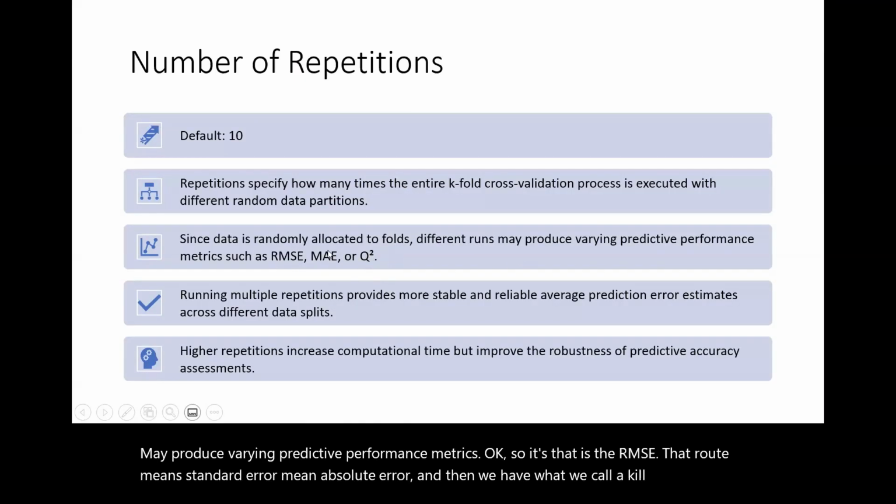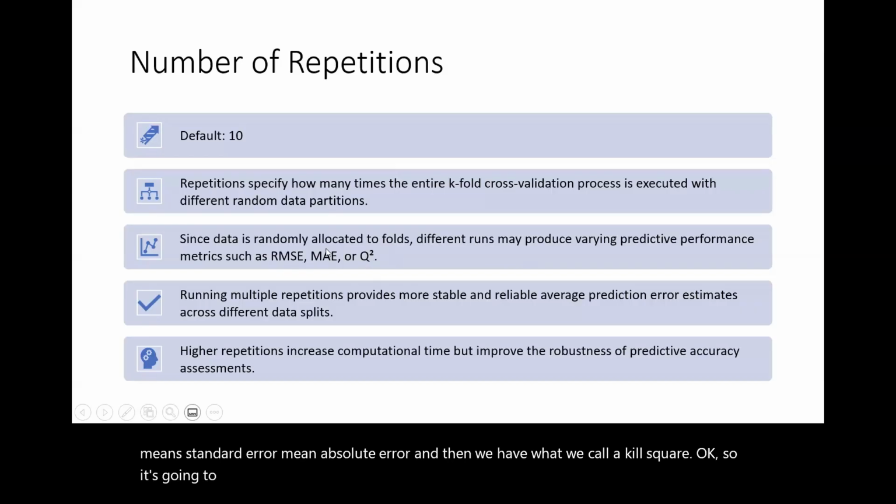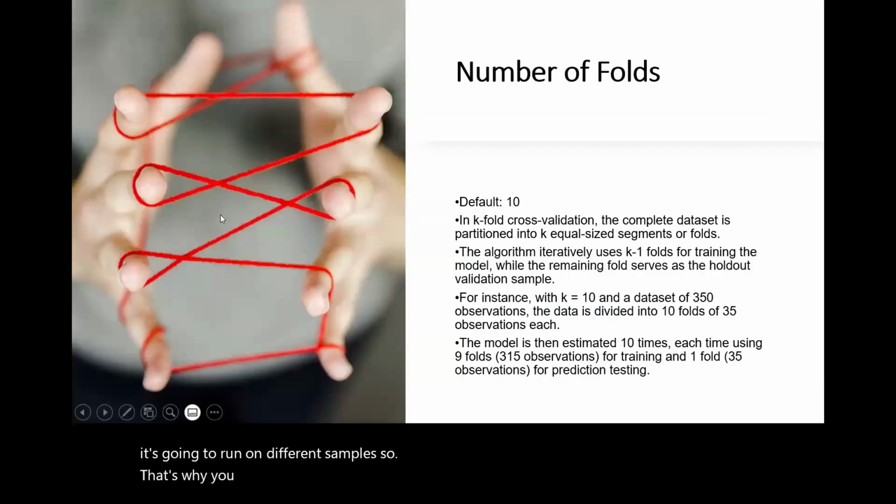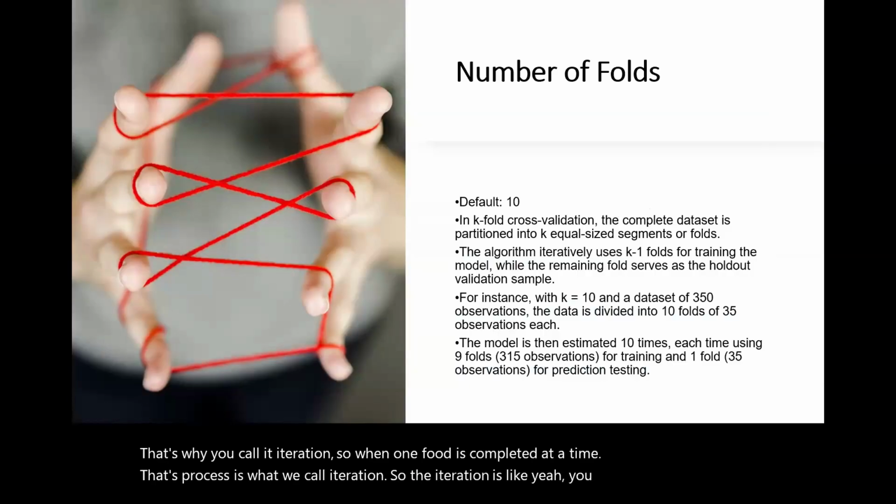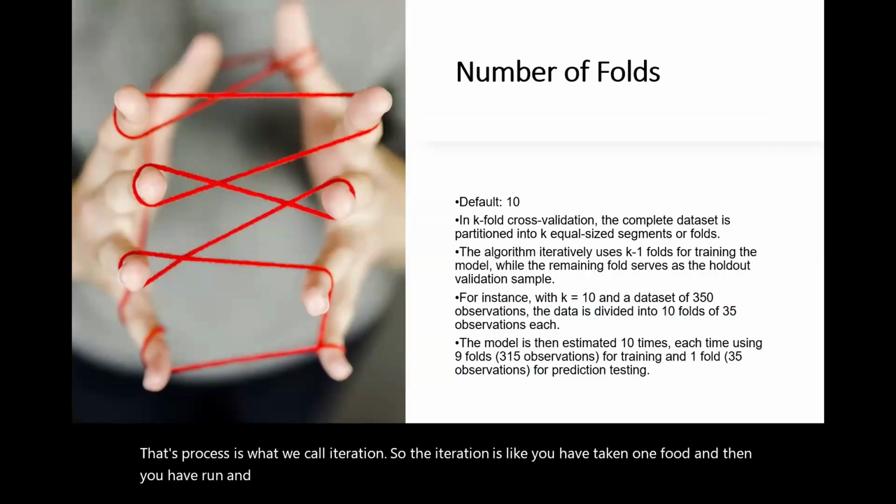So it's going to run on different samples. That's what you call iteration. When one fold is completed at a time, that process is what we call iteration. You have taken one fold, run it and tested on the held-out sample. So that's one iteration.